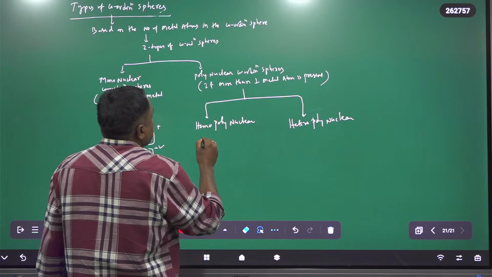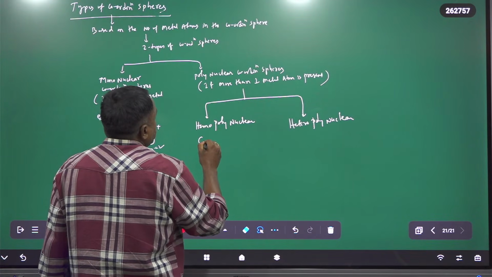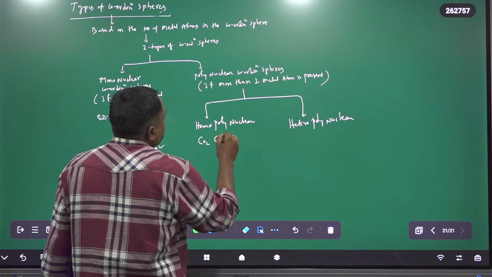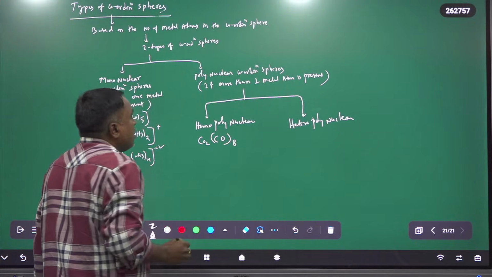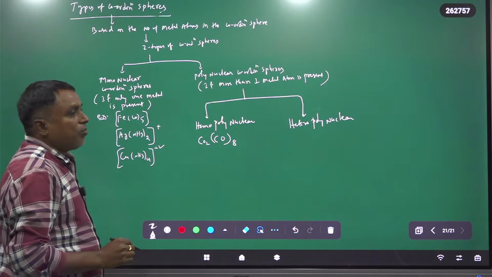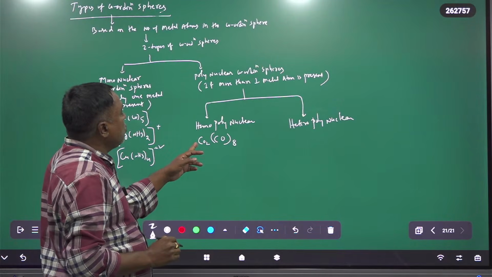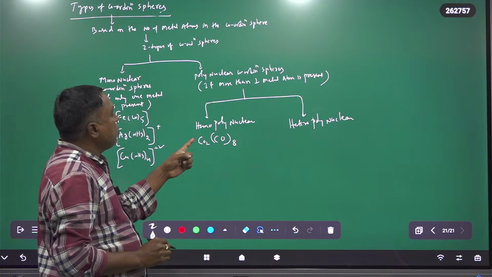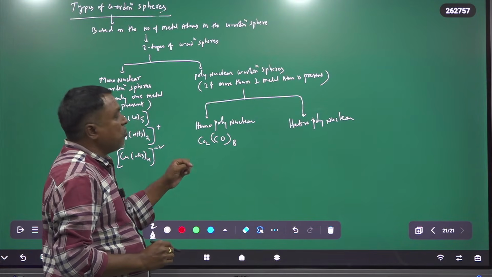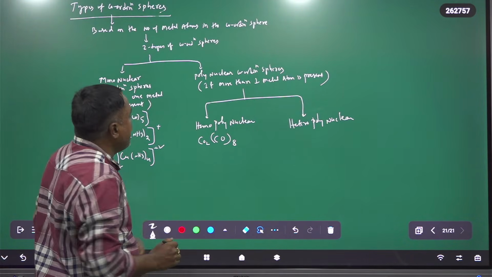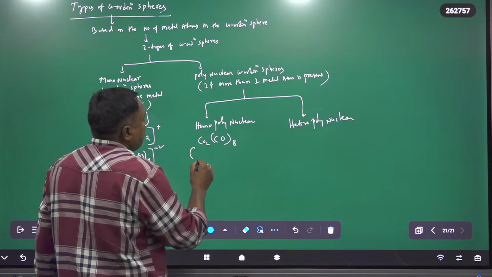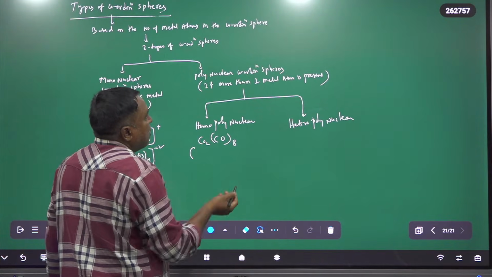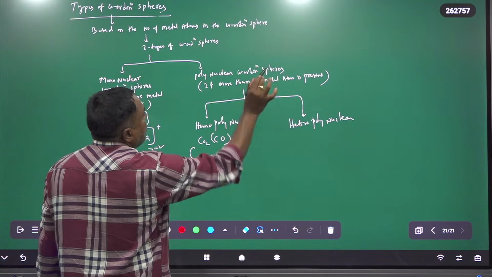For example, Co2(CO)8. In this particular compound, we have two cobalt metal atoms, both are the same, Co. If more than one metal atom is present, that is polynuclear.